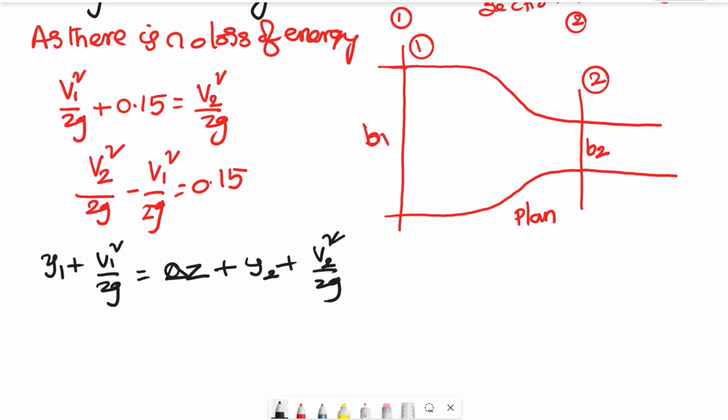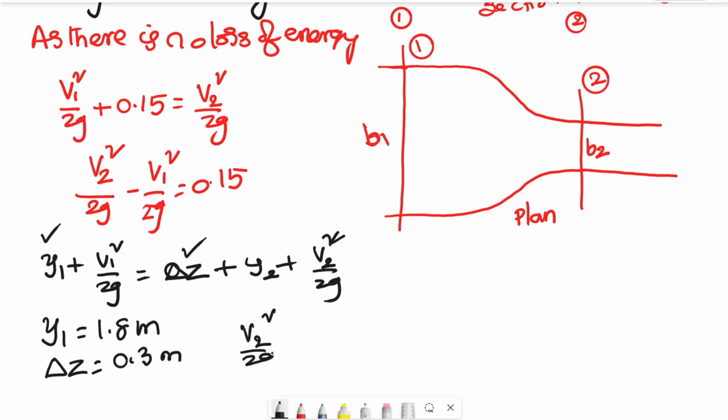Then how to go about it? Delta z is given, and y1 is given as 1.8. The hump height is given as 0.3. So those are over. Now I know that v2 squared by 2g minus v1 squared by 2g is equal to 0.15.